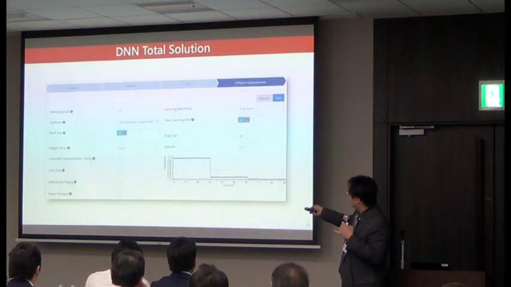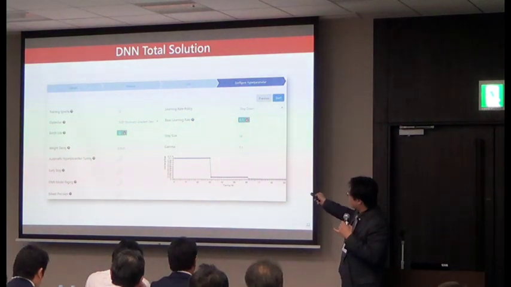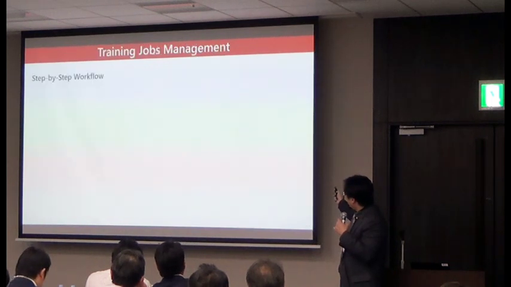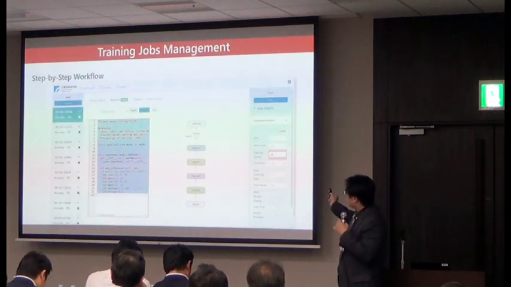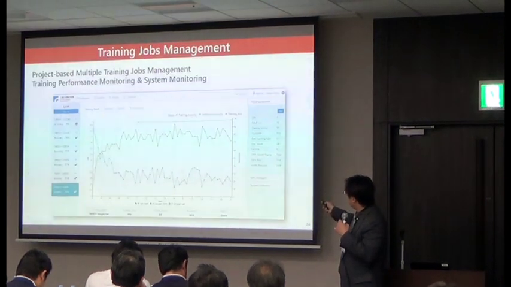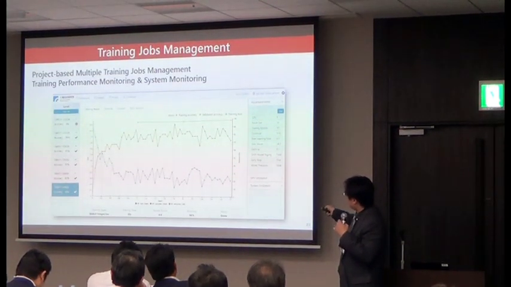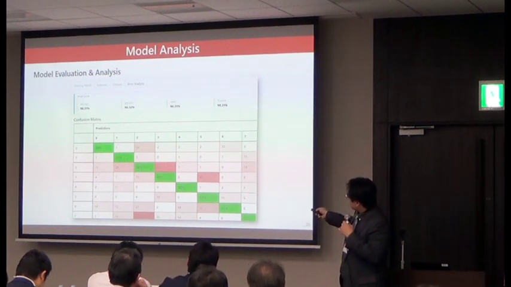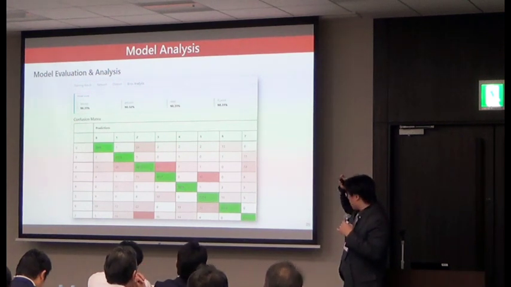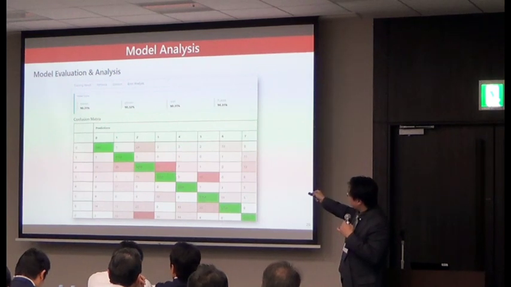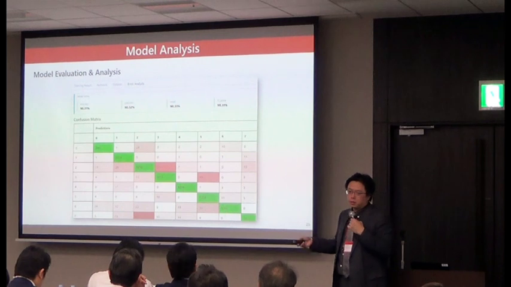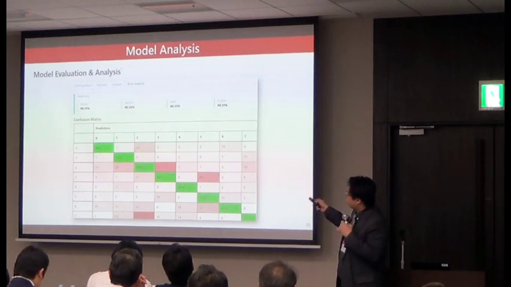They just click quickly: the data set, the pre-built model, the GPU resource for the job, and it's configured already. Just start the training and see the monitoring accuracy. And this is about model evaluation. Not just high accuracy, they care about false positives and false negatives inside this model. They need to know more.